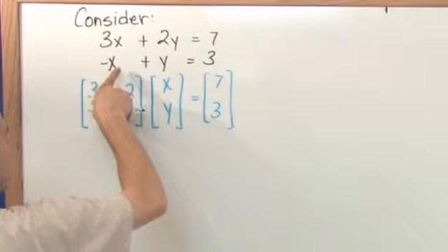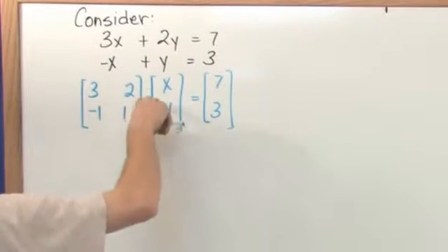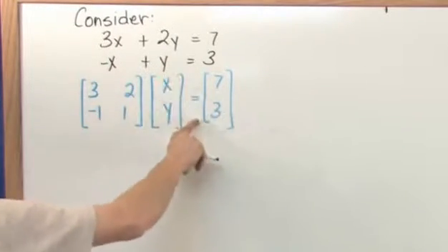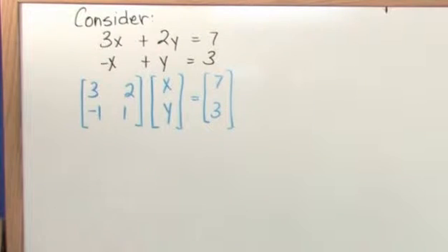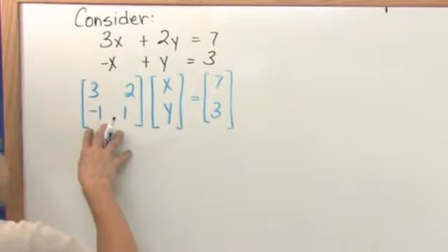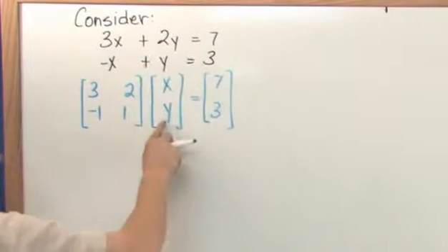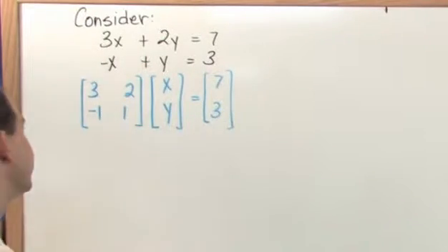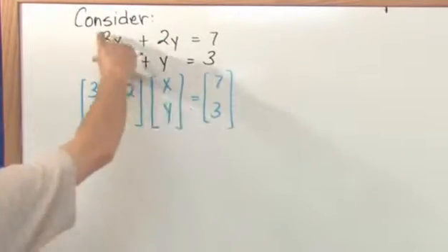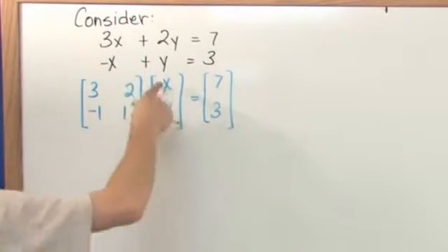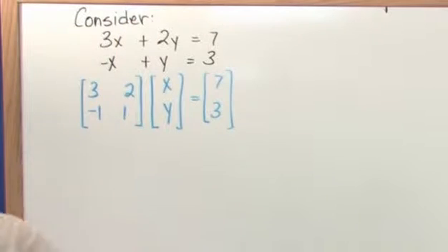Negative 1 times x, negative x, plus 1 times y gives you the y, equals what's on the right-hand side. So it's truly a matrix representation of this system of equations. Coefficient matrix times the variable matrix, always written on top of one another like this, is equal to what's on the right-hand side. This is a compact way of writing the whole system, because if you do the matrix multiplication, you exactly come back with the equations that you started with.